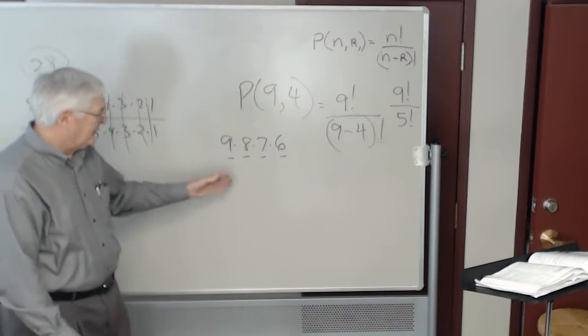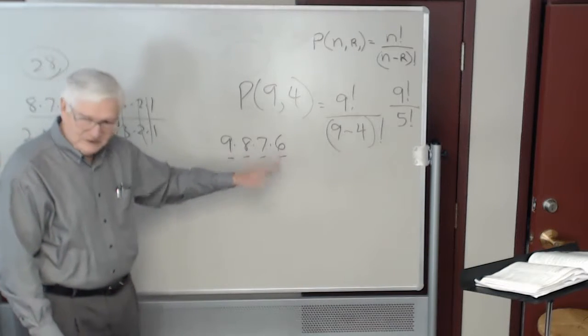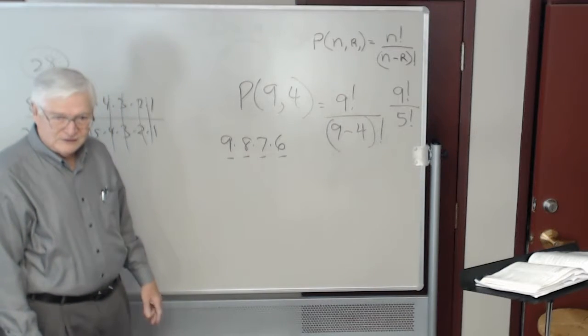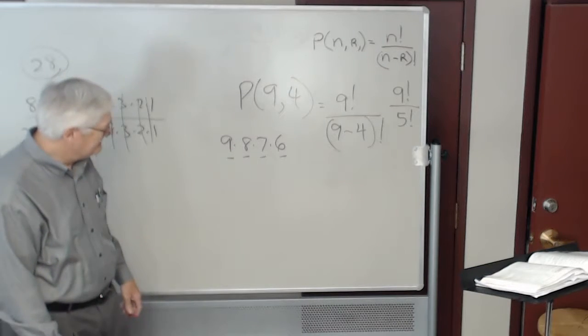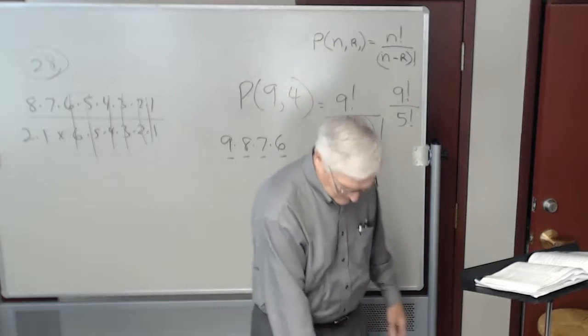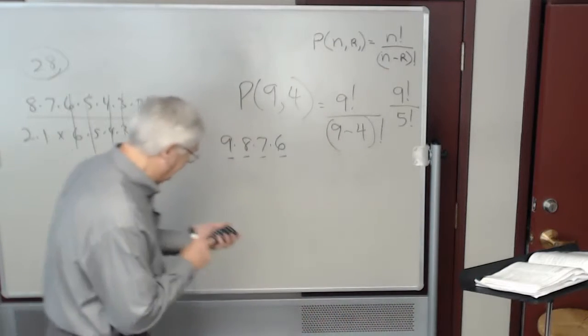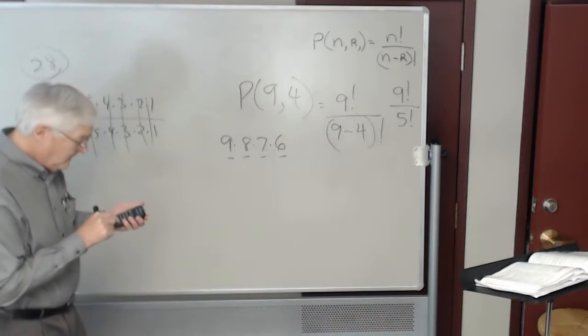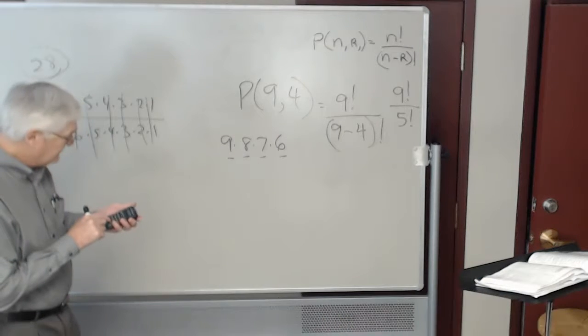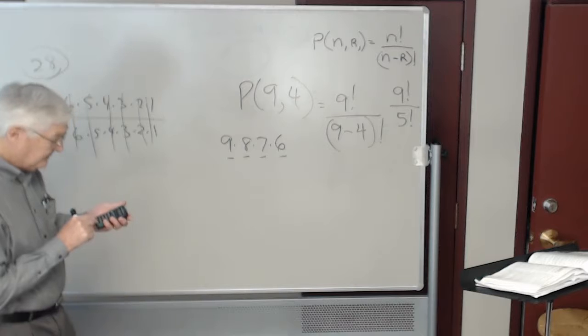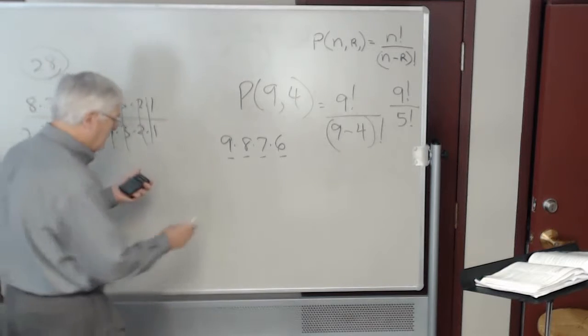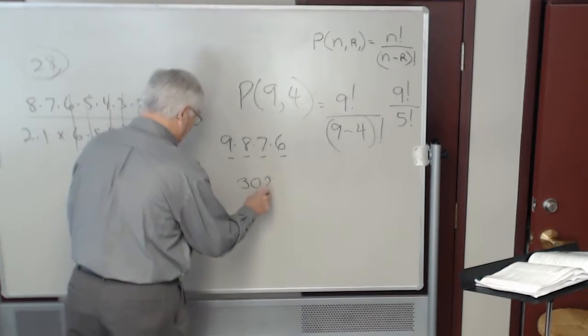So that just means I go 9 times 8 times 7 times 6, and I have the answer. Does that make sense to everybody? Good. What does that come out to be, just for fun? 9 times 8 times 7 times 6 equals 3024.